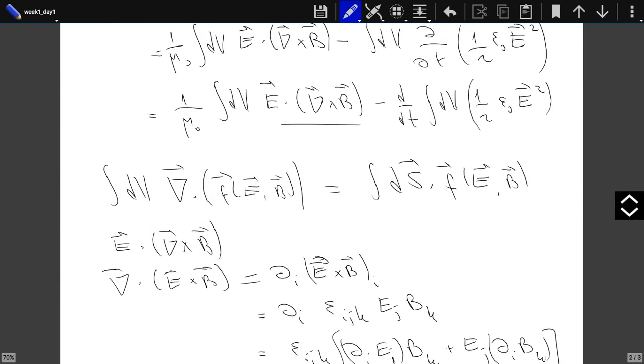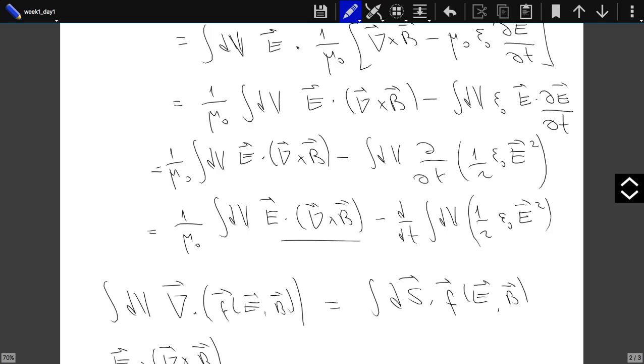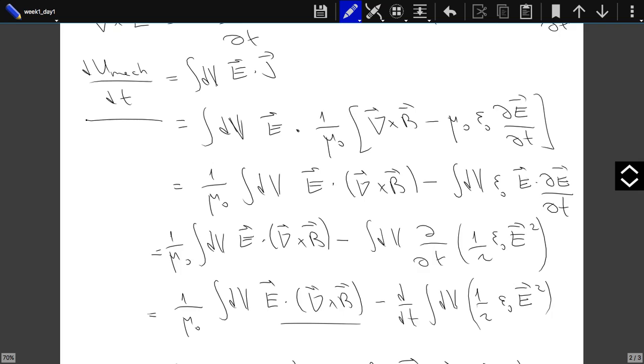Let us rewrite it down. So this is our expression we started with. We started with the time derivative of the mechanical energy of the point charges.